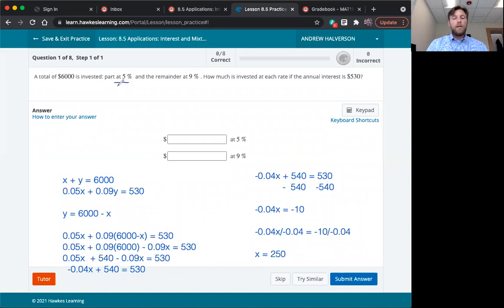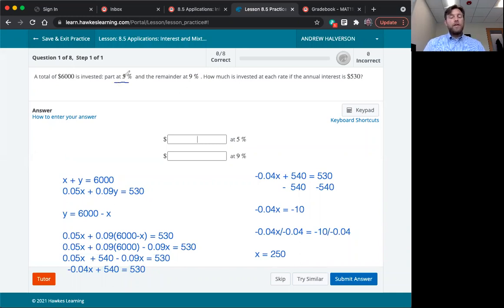So we're investing, oops, not 250, should be 2,500. Let me check my math right quick. Okay. Do it another way.